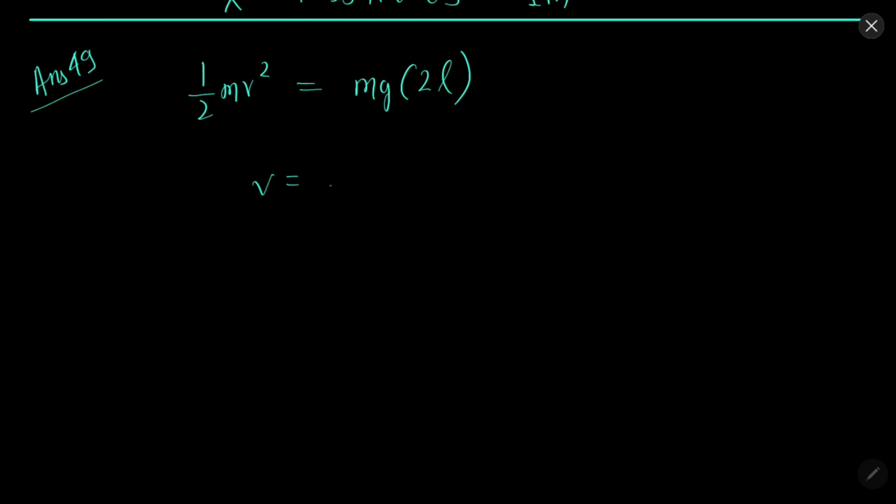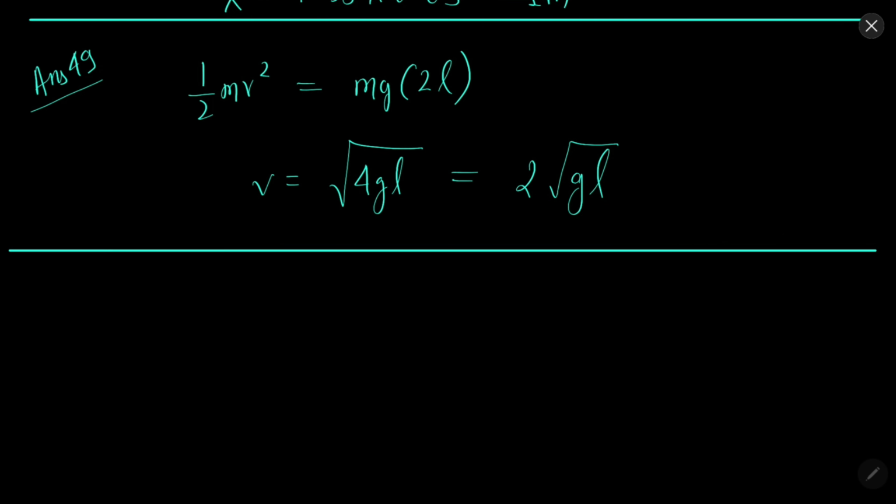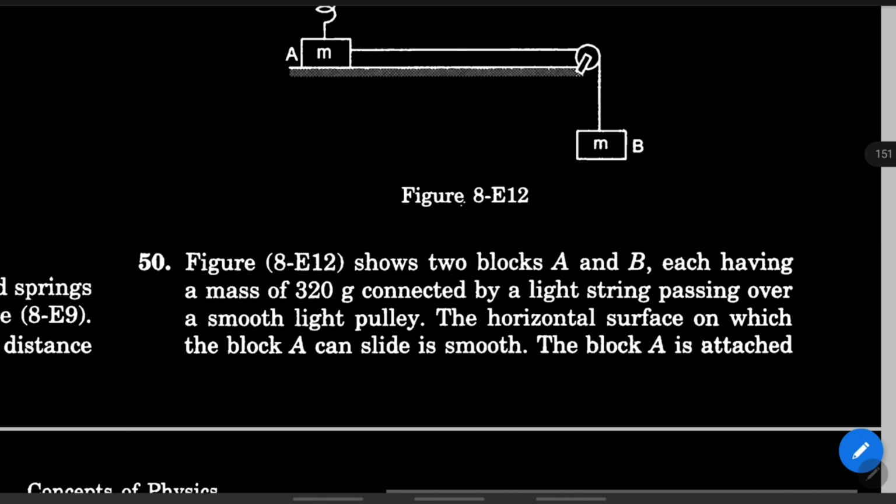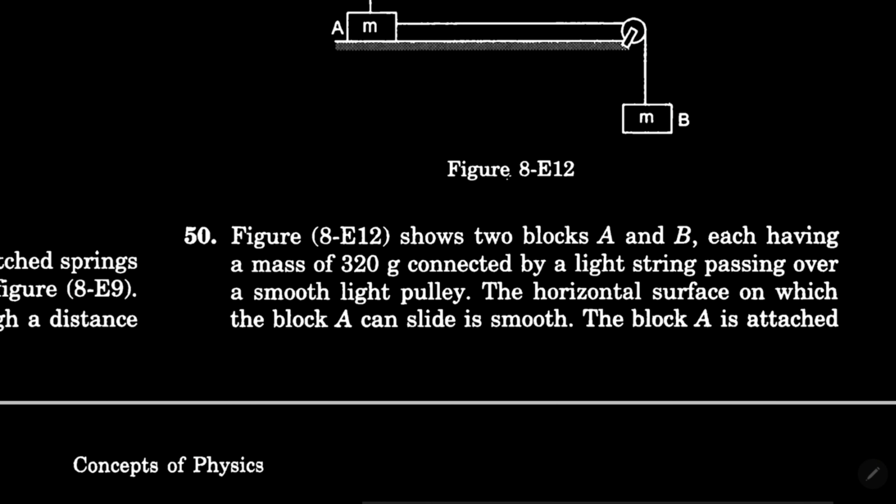So V will be root 4gl or 2 root gl. Remember, this is point B, this is point A, this is L, this is L. Velocity V.